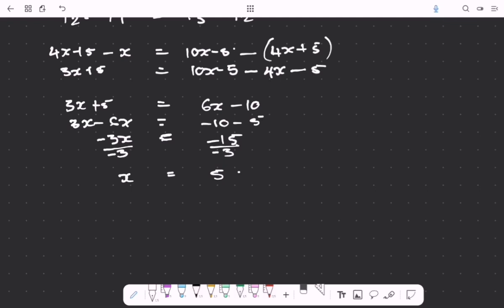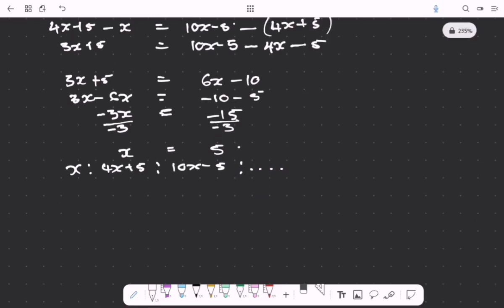So we were given our sequence in terms of x as x, 4x plus 5, 10x minus 5, and so on. What we need to do now is just plug in the values of x. So we have 5, that's the value of x, 4 times 5 plus 5, and t3 is 10 times 5 minus 5.